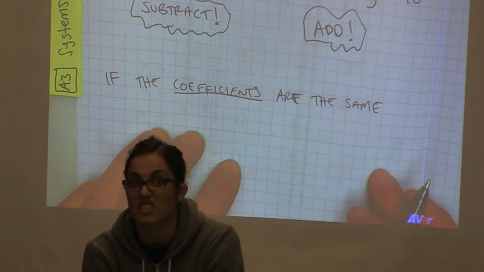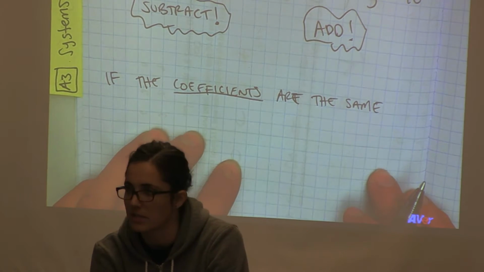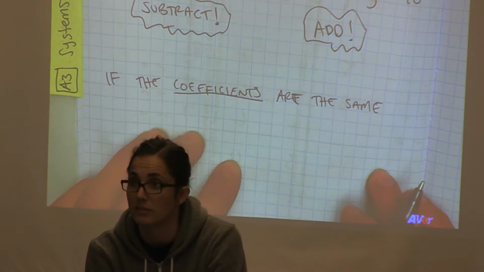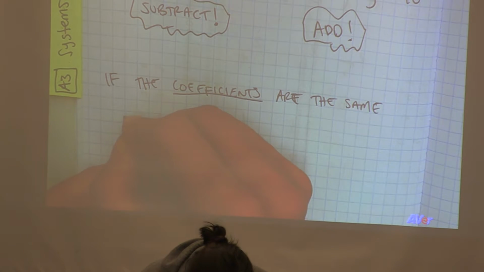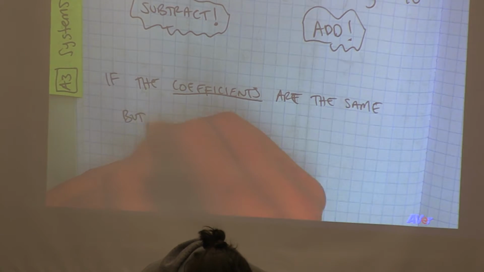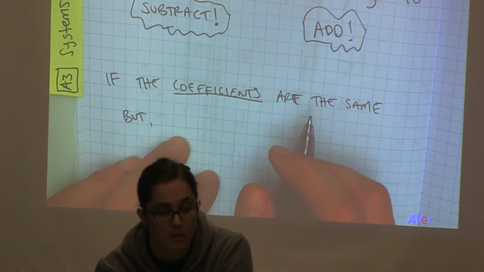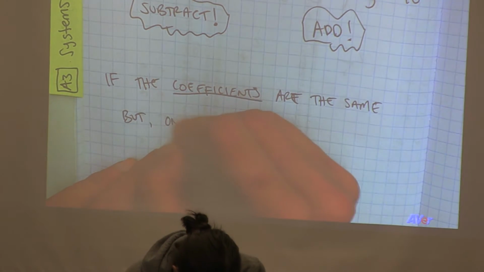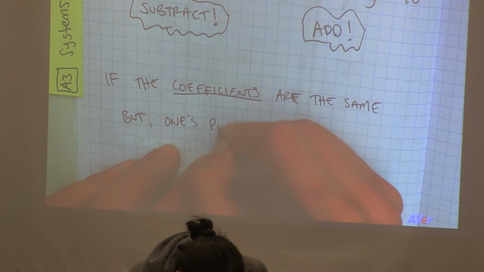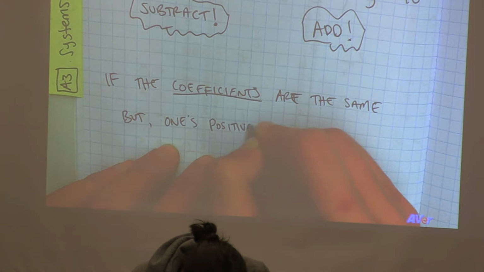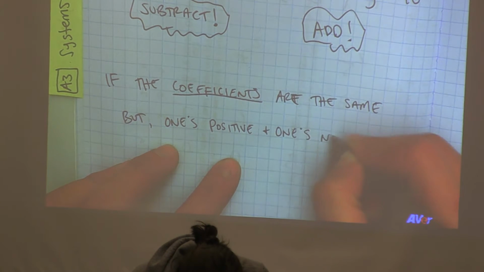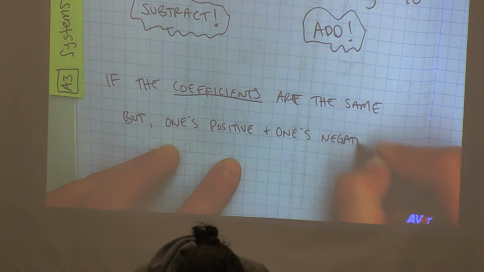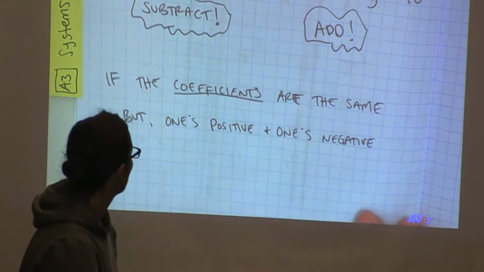If the coefficients are the same, right? 3 and 3, 9 and 9, 6 and 6, 5 and 5, whatever they are. But one's positive and one's negative, what do I do? Or vice versa. Right? Or vice versa. What do I do if one's positive, one's negative?